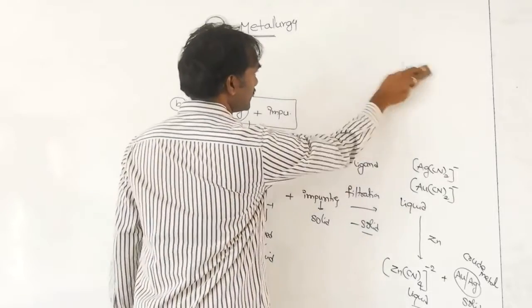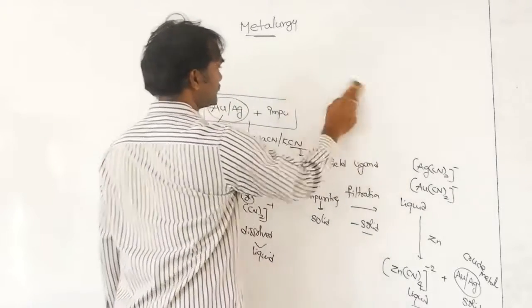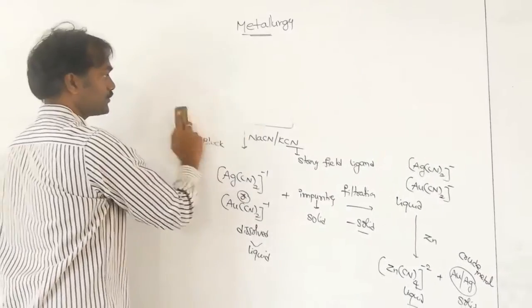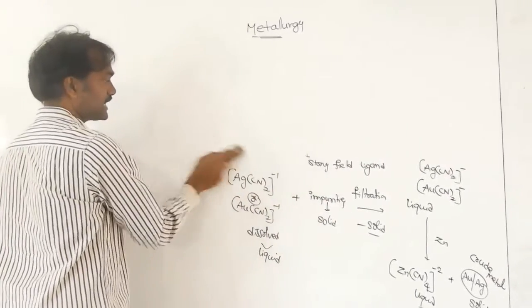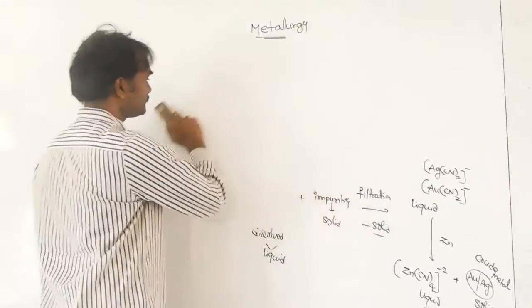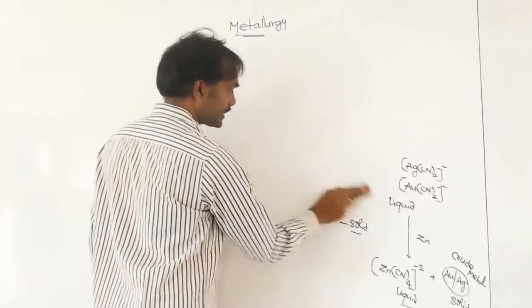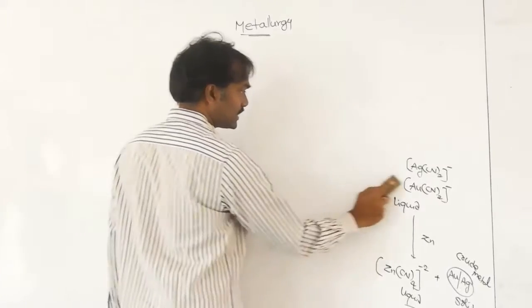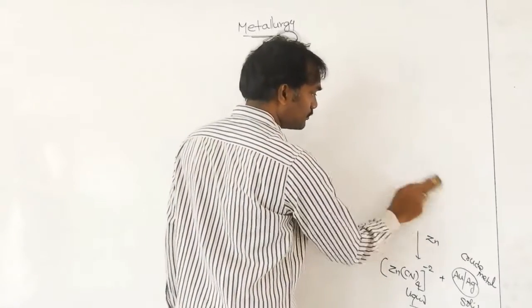So in metallurgy we have completed the first process, and now we are going to the second process. What is the second process? We have already given it: preparation of crude metal.